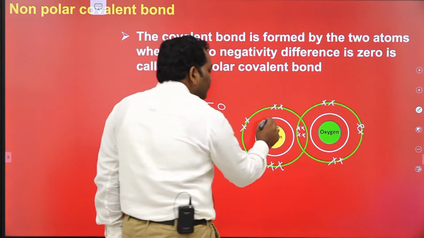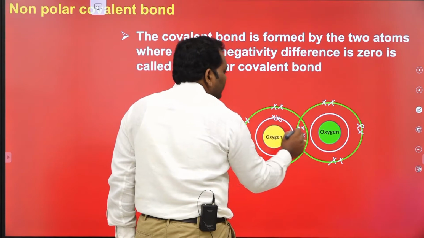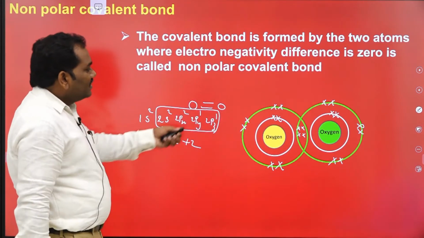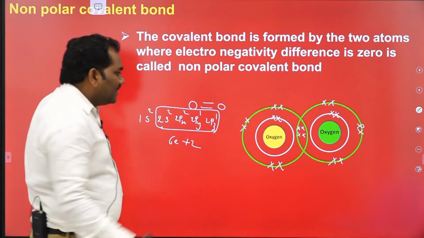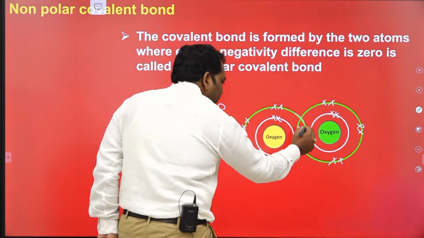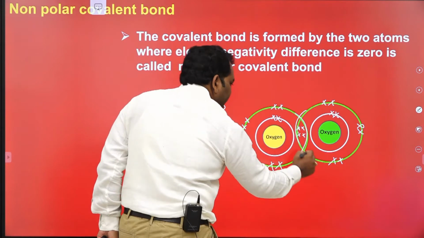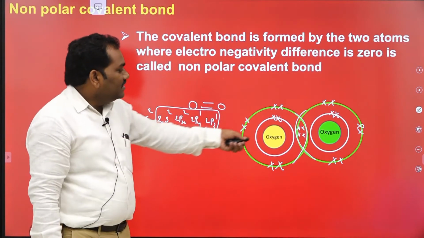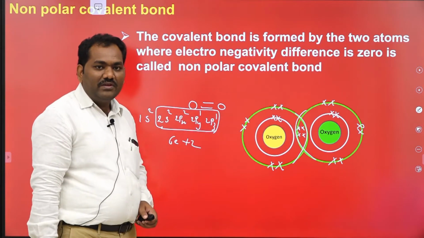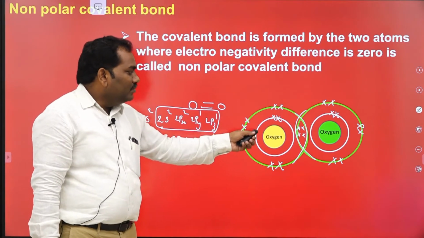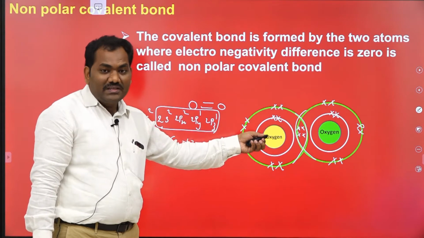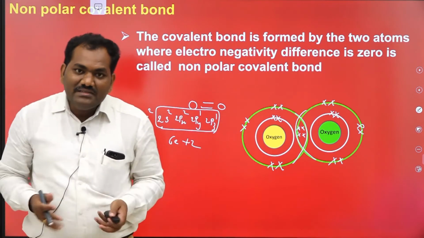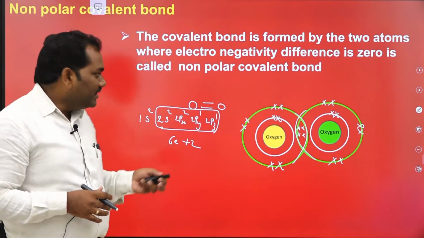One pair is also present in the inner, first orbit. So in the outermost orbit, both oxygens attain noble gas configuration by sharing. These 2 pairs are mutually shared by the 2 oxygen atoms. Both oxygen atoms attain noble gas configuration, and that's why the O2 molecule attains stability.